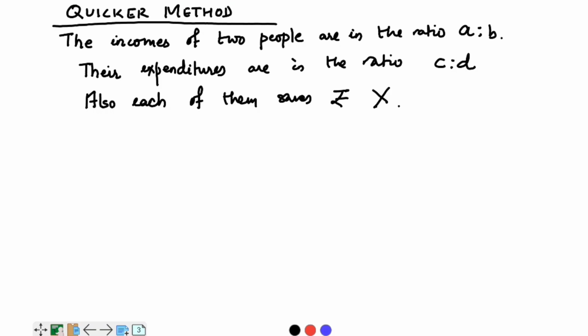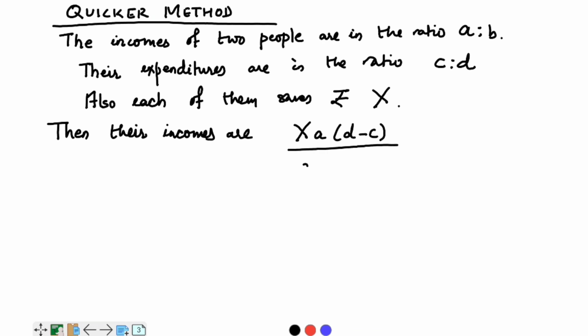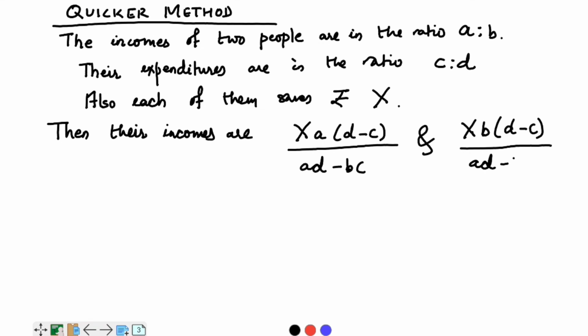Then the formula will be, their incomes are basically given by X A (D minus C) divided by (AD minus BC), and X B (D minus C) divided by (AD minus BC).